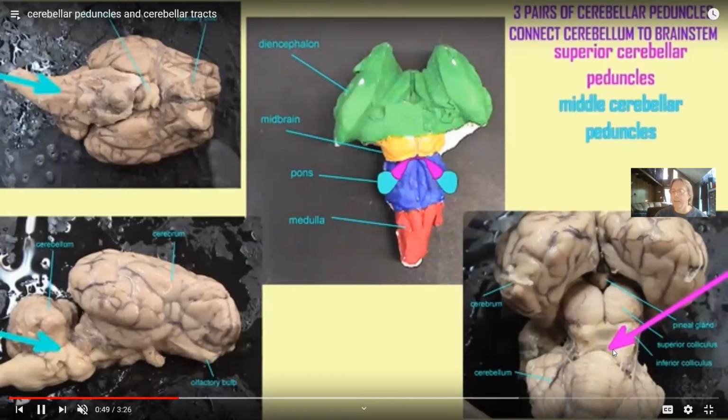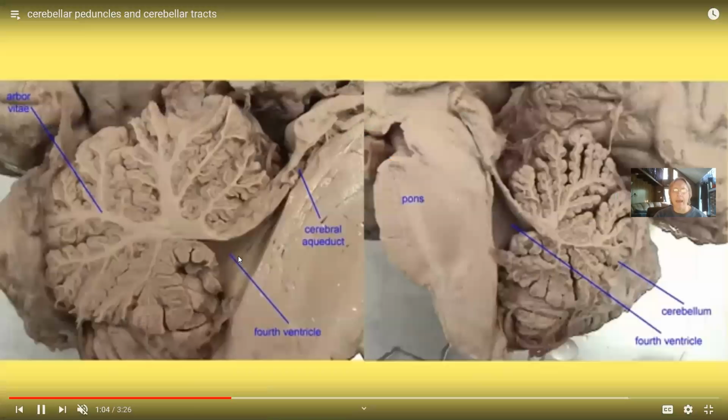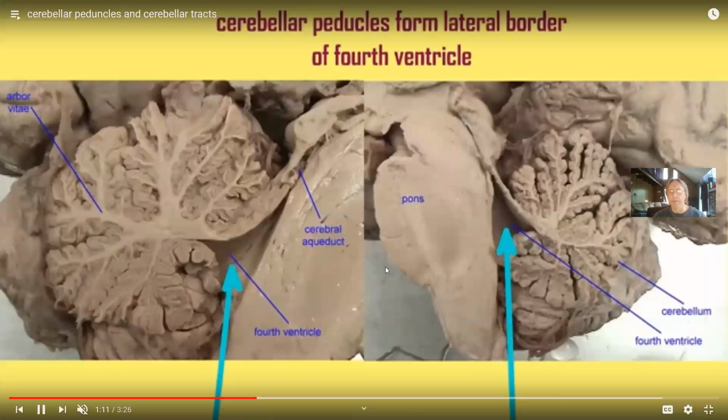So there are superior colliculi, inferior colliculi, and then the superior cerebellar peduncles. Then the pons has the middle cerebellar peduncles, and you can see that nicely in the lateral view. And then in the medulla, there are the inferior cerebellar peduncles. So these three help to make up some of the lateral border of the fourth ventricle.